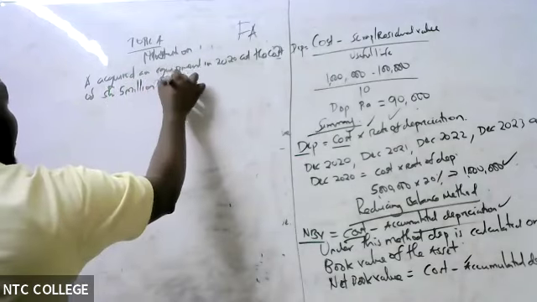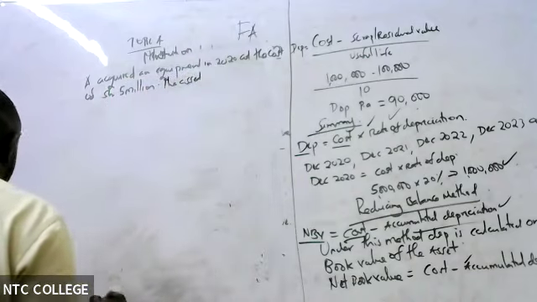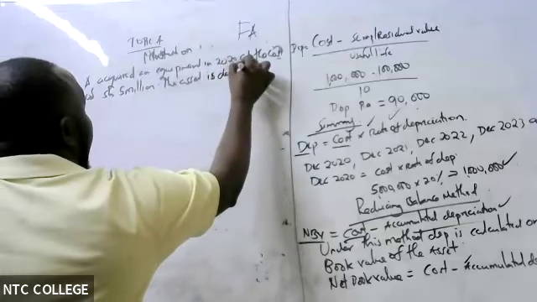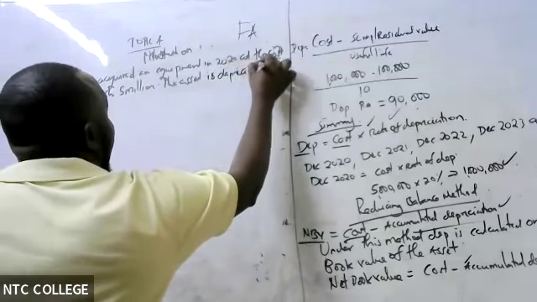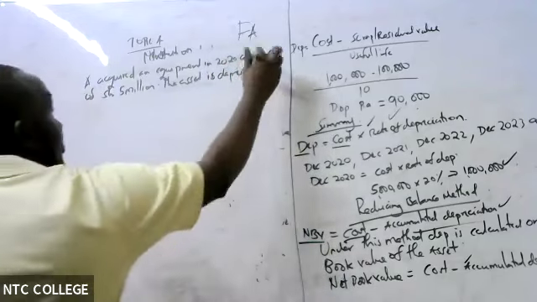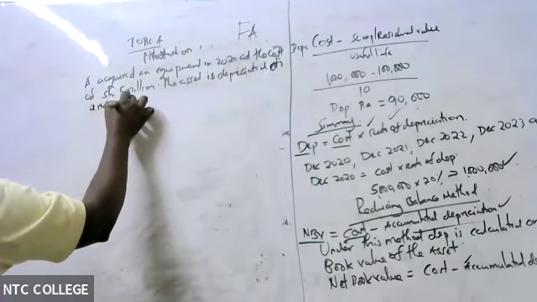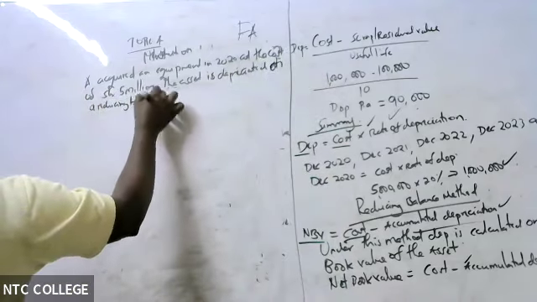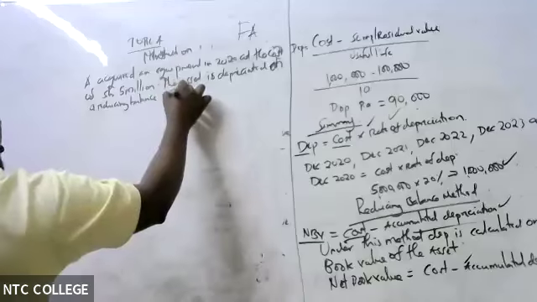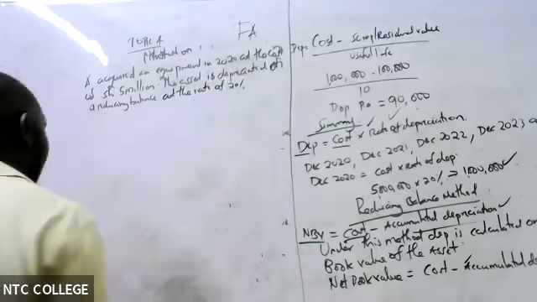The asset is depreciated on a reducing balance at the rate of 20% per annum.